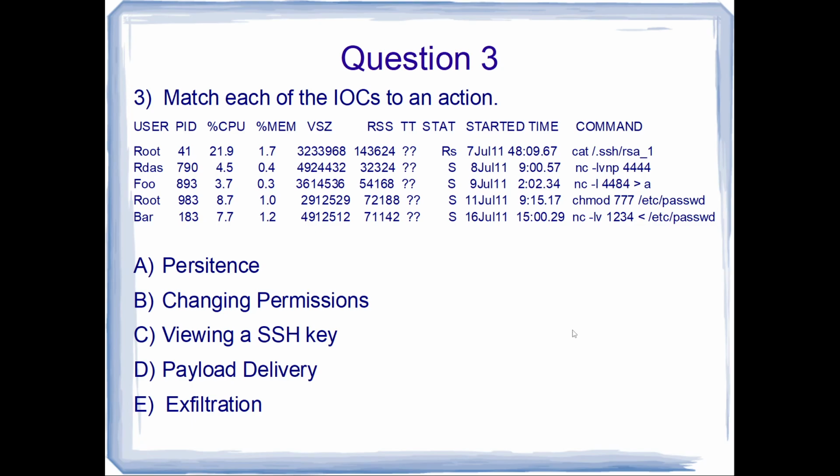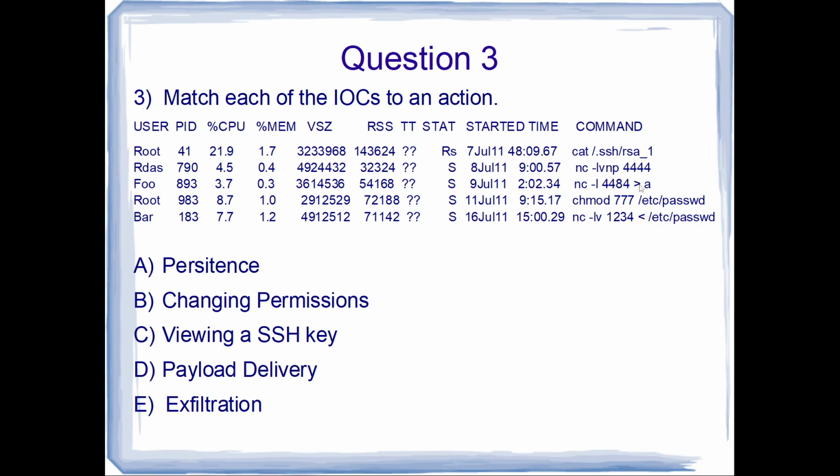So what are we trying to do? Well, this greater than and this less than sign are for directing output. And this, we're just listening with verbose and port and all that good stuff. So if we're only listening, I'm going to call that persistence in this case.